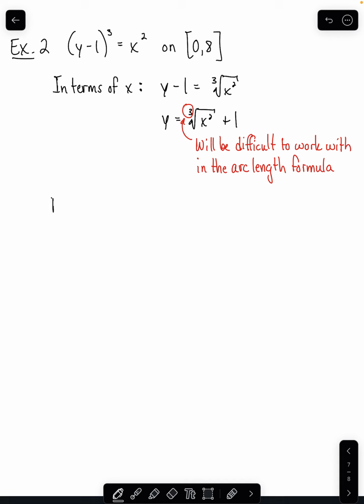On the other hand, if we were willing to do this in terms of y, all we would have to do is square root both sides. Now you might say at first, how is this any better? For two reasons.